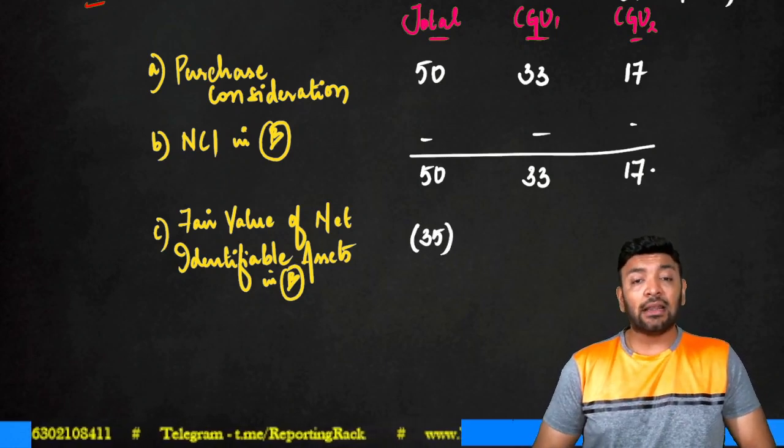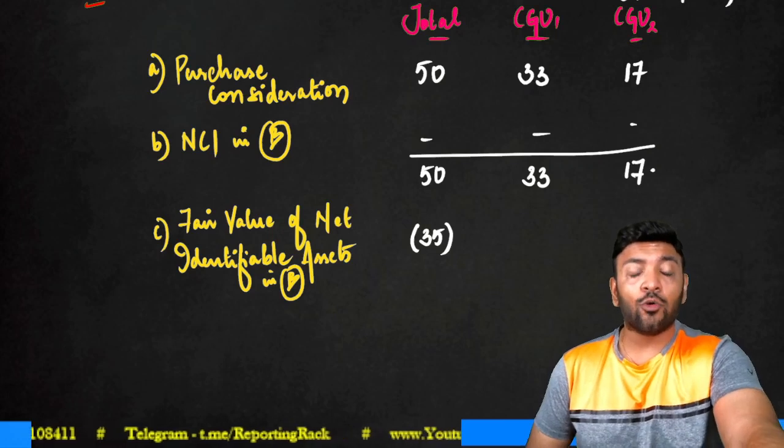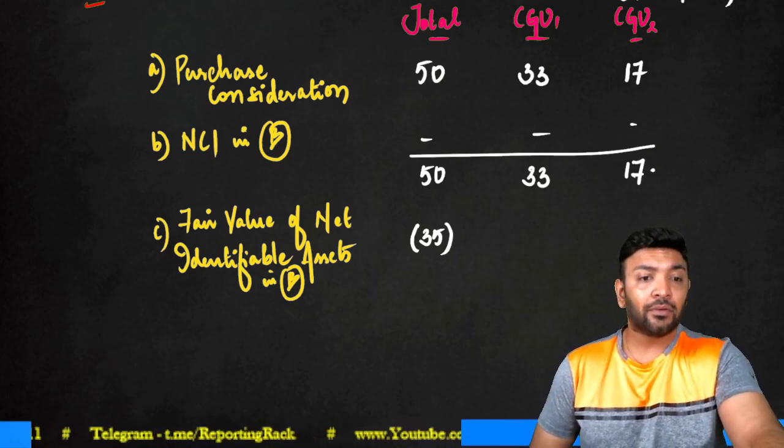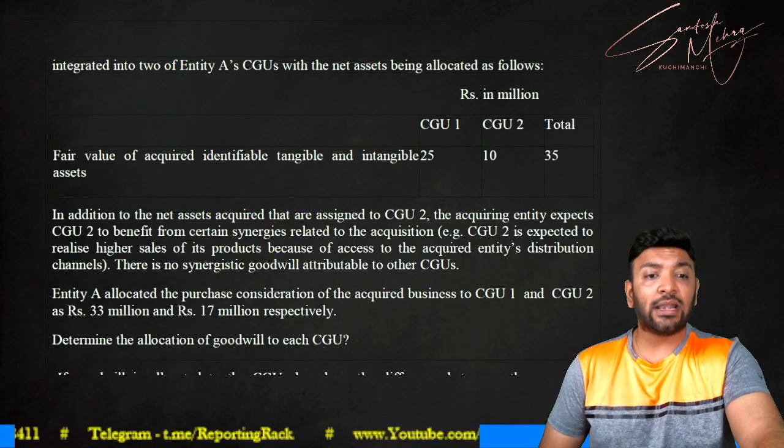How are these divided? This 35 million, if you go back to the question, he is saying it is divided as 25 and 10.